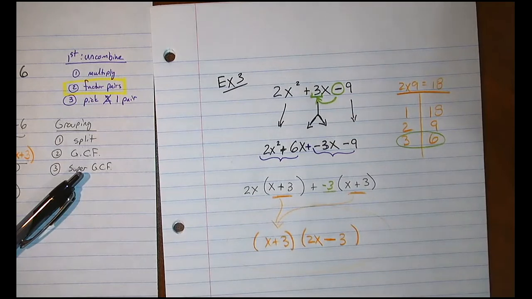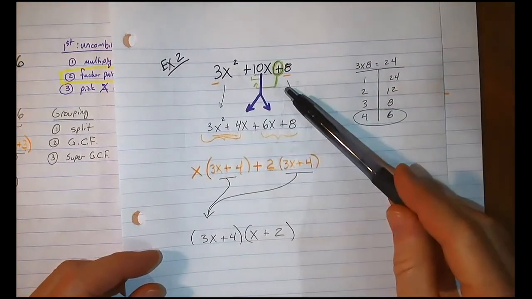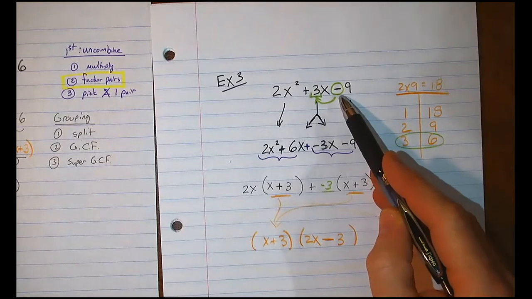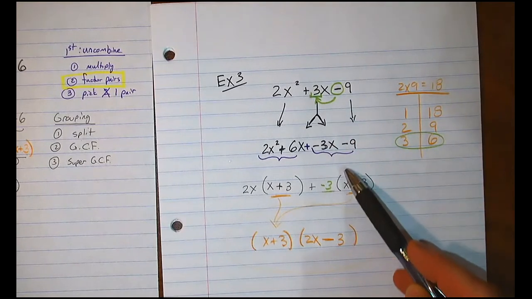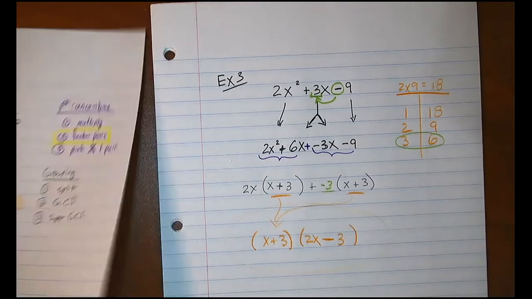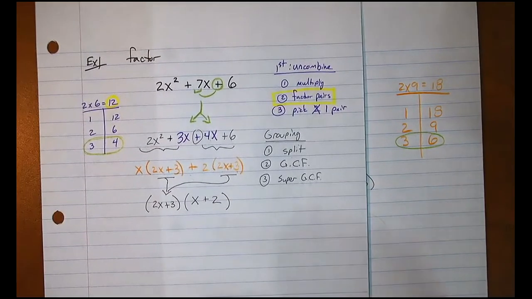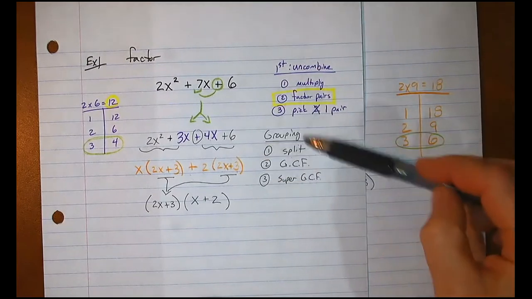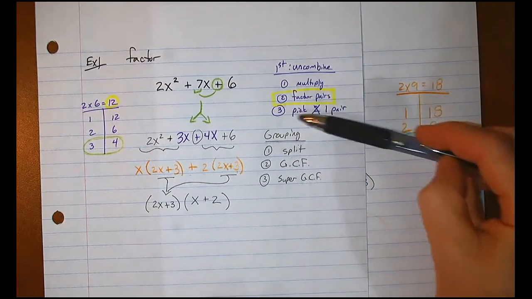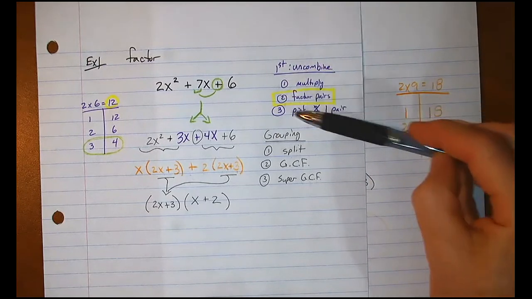All right, so there's a couple of examples that we can use. One example where all the signs were positive. One example where we switched this to a negative, and we talked about how that plays out with that minus sign there. But for all of them, we're still following these basic 3 steps for grouping, and we've added on to them these 3 steps for uncombining the middle term.